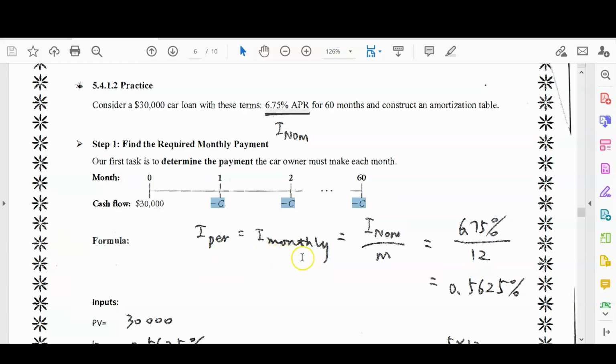I_PR, or I monthly, should be equal to the nominal rate, I_NOM, divided by M, the compounding periods per year. So we should use 6.75% divided by 12. So we know that the monthly rate is 0.5625% for each month.